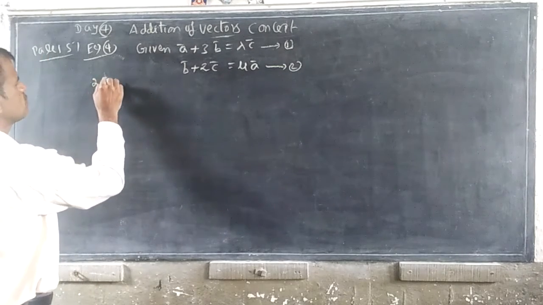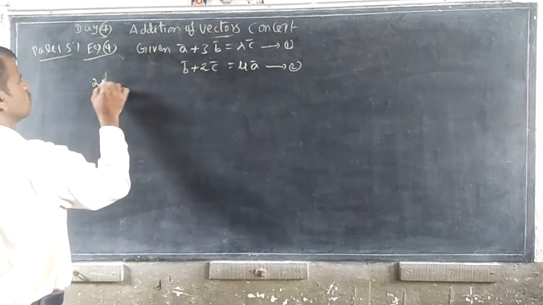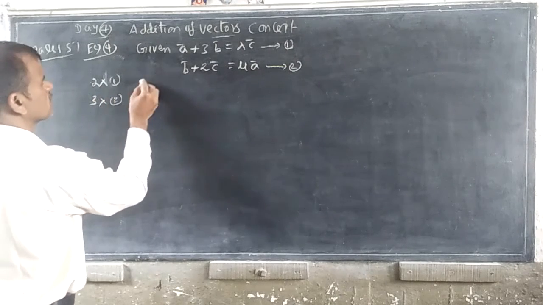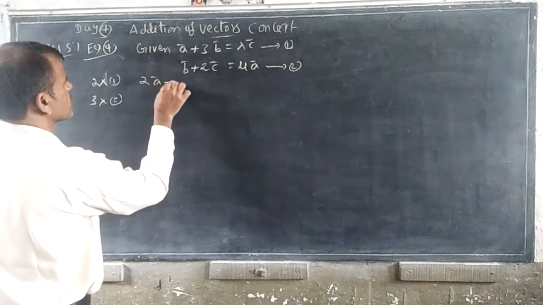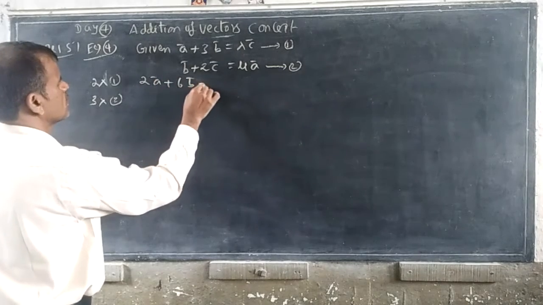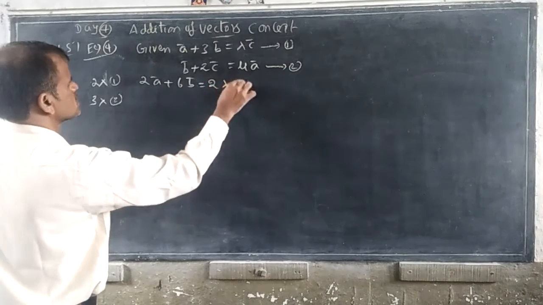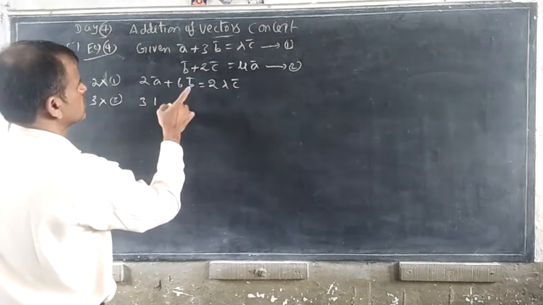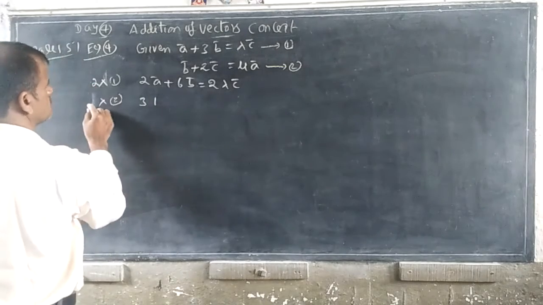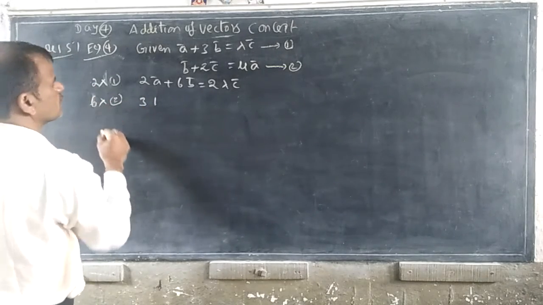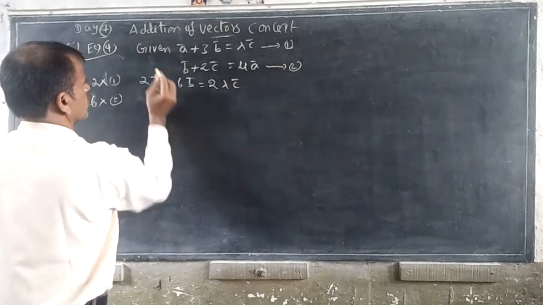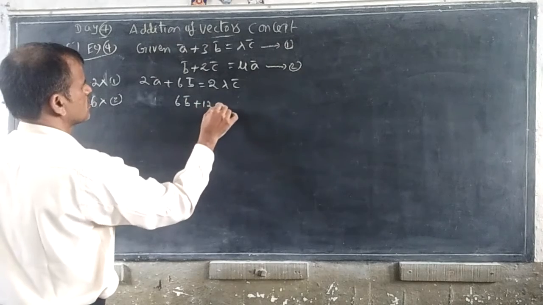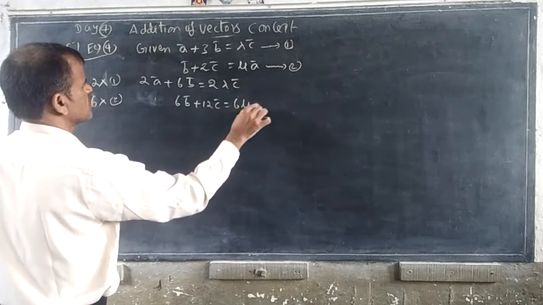Now 2 into the first equation, next 3 into the second equation. 2A bar plus 6B bar is equal to 2 lambda C bar. Now 6B bar plus 12C bar is equal to 6 mu A bar.